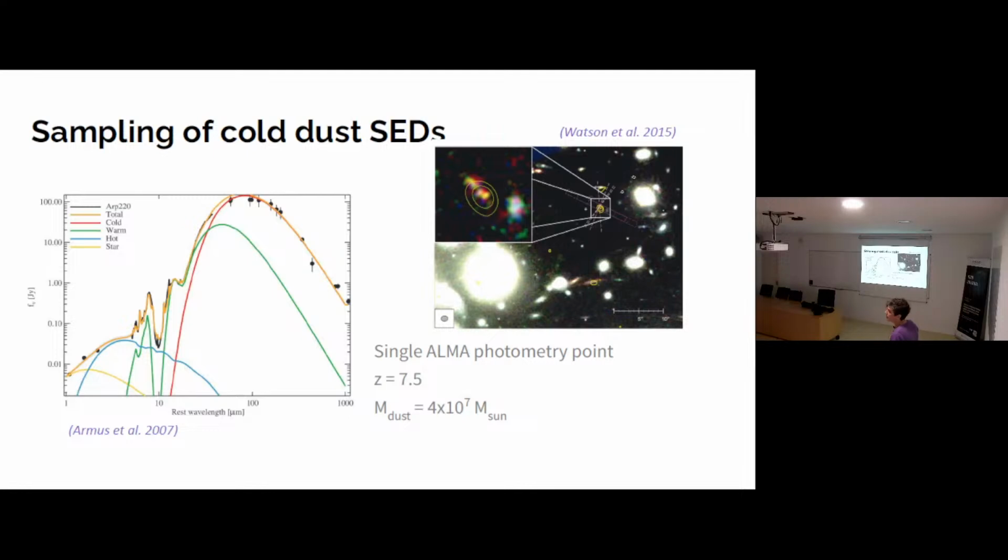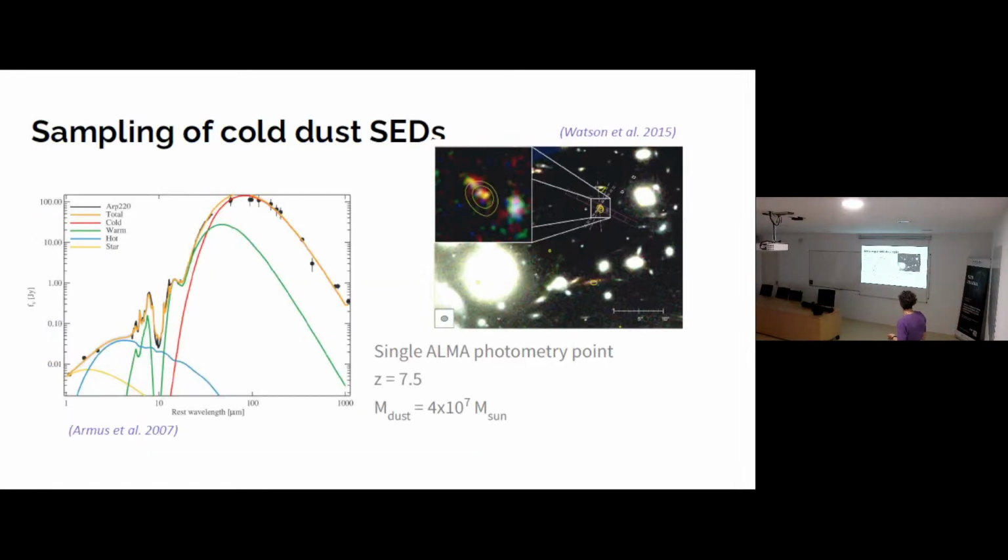This is a relatively nearby object, so this is a well-sampled SED, and you have all these data points here. You can fit a cold dust component, the red line, quite nicely to this. But still, a single temperature is being assigned to this, and a beta is being fitted, and then a dust mass is being determined.